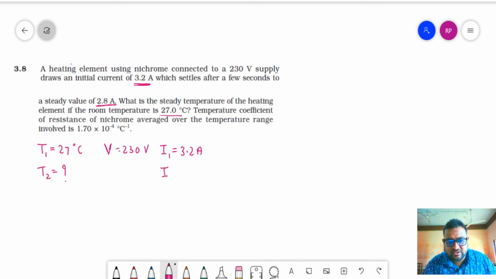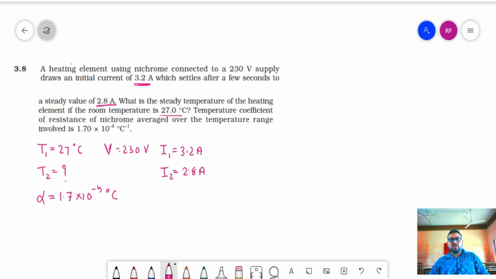So, I2 is equal to 2.8 ampere. So, remember, at room temperature, the current was 3.2 and the temperature rises, and at further steady temperature, it becomes 2.8 ampere. So, you have to find out this T2. The value of alpha is 1.7 into 10 raised to minus 4 degrees Celsius inverse.